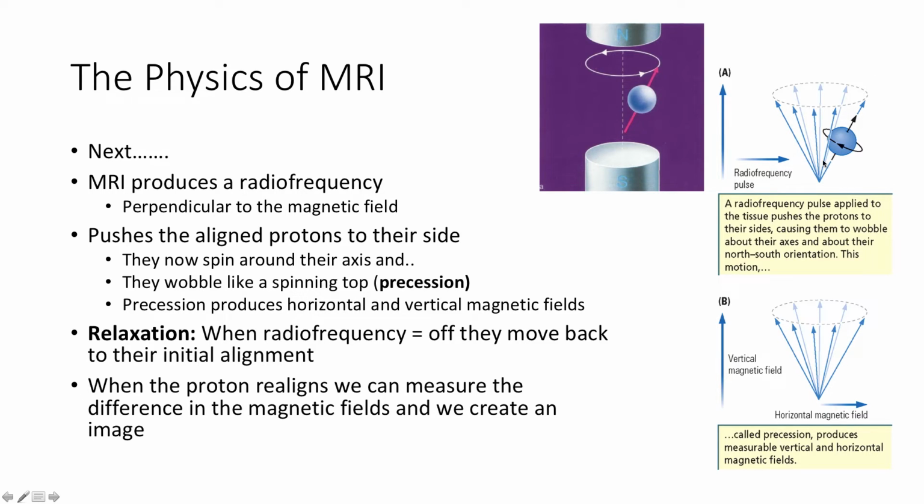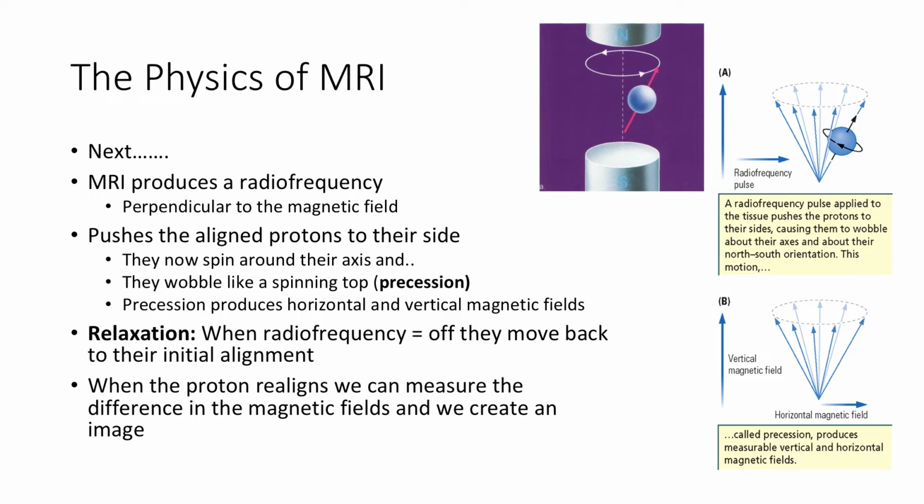If you remember from the previous picture, the proton was first here, spinning, and then this radio frequency pulse just pushes it out on its side. So now they have two motions. These protons will spin around their own axis, and they will also wobble like a spinning top. This movement is something that we call precession.